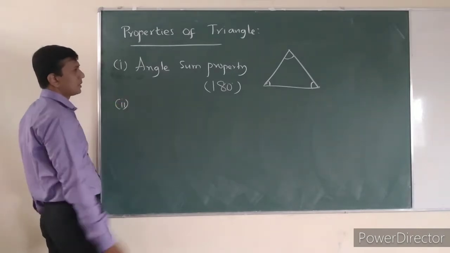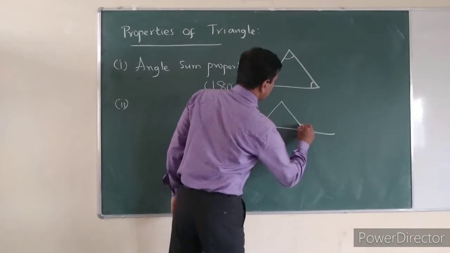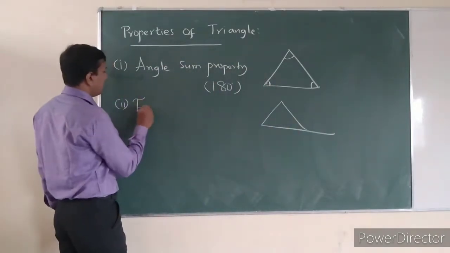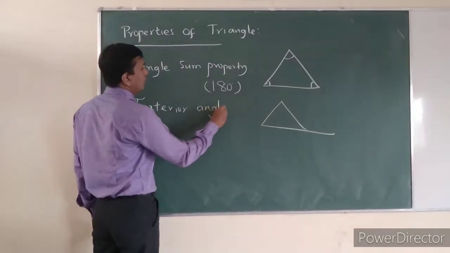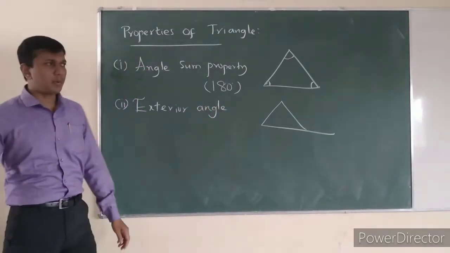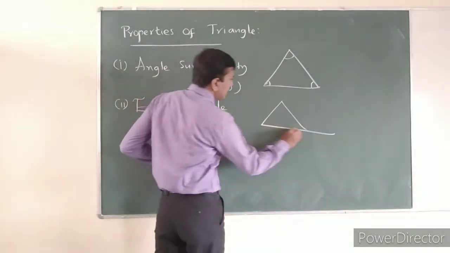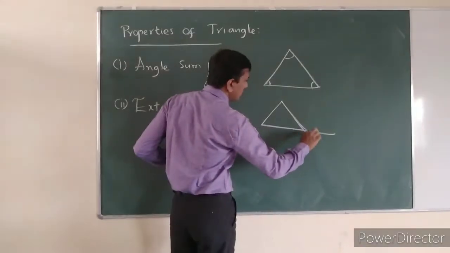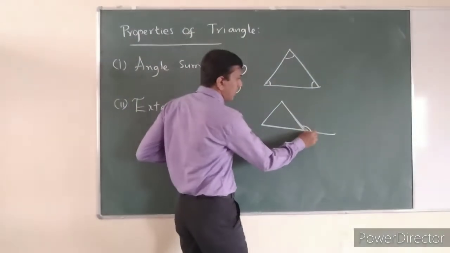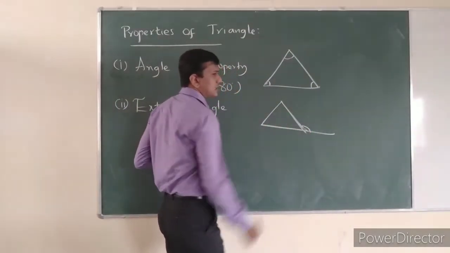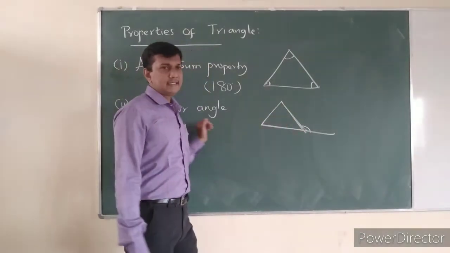Second one, exterior angle property. What is the exterior angle property? If you produce any side of a triangle, an angle is formed between the extended part and the line segment.